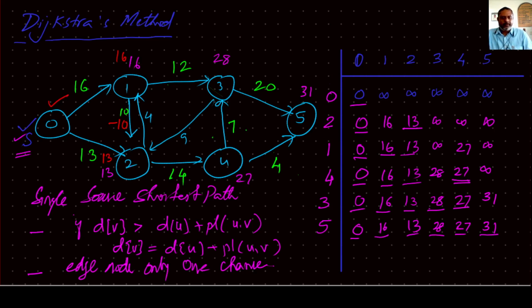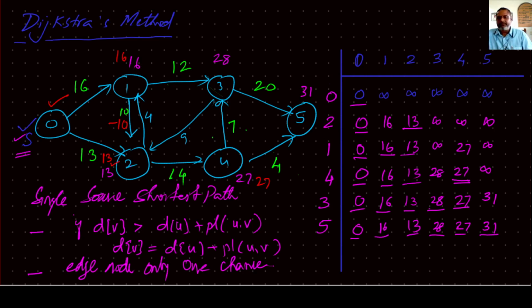Then 13 is minimum, so from 13 we can go to 1, 13 plus 4, 17, already it is 16, so no use, and 13 plus 14 is 27, so we get 27. So that's done. So node 2 is used.